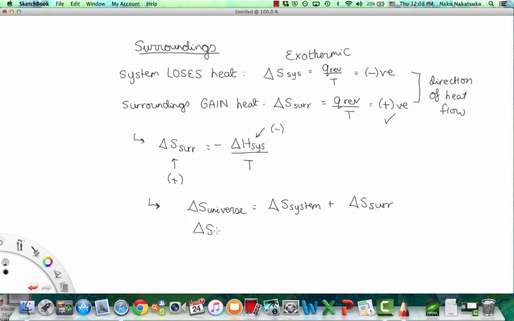Also, the delta S of the universe is always positive for a spontaneous process, and that's something we learned from the second law of thermodynamics. And finally, the delta S of the universe is equal to 0 for a system at equilibrium. So these are a few relationships that will really help you. So try to remember those early on in this quarter.